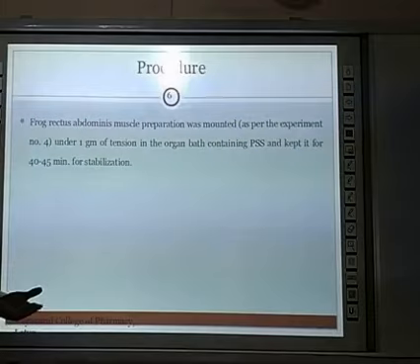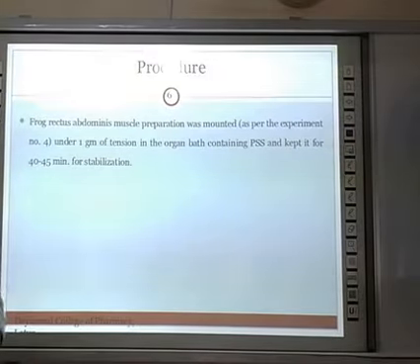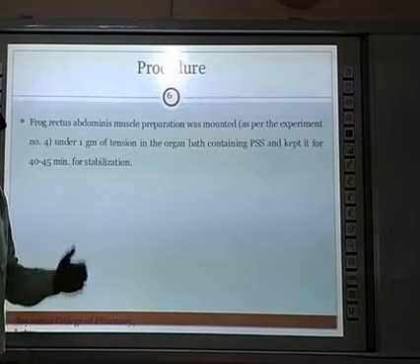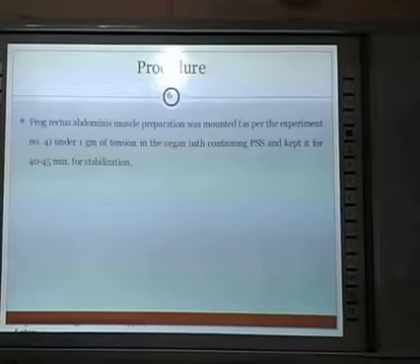Now we will discuss the stepwise procedure, as we have seen the videos of the starting procedure. So now we will discuss the detailed procedure of performing today's experiment, that is the effect of physostigmine on DRC of ACh.